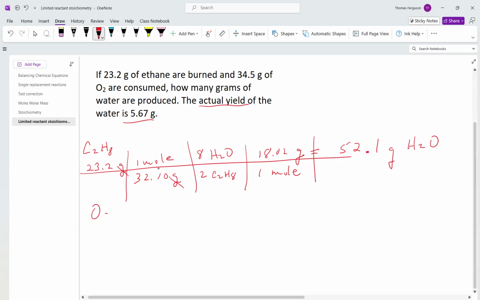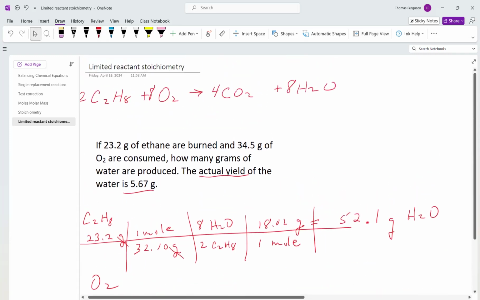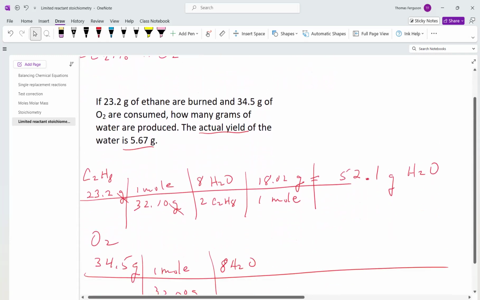All right, let's look at the oxygen now. The coefficient is 8 for oxygen.